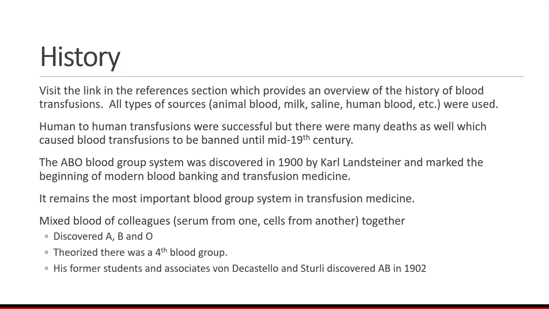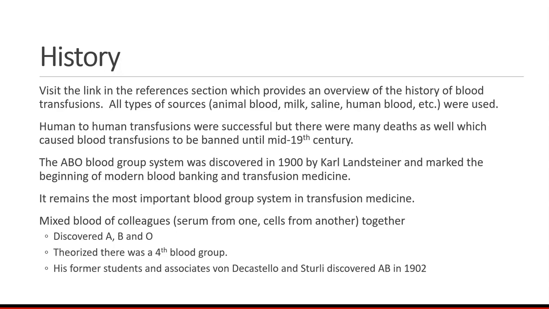The ABO blood group system was discovered in 1900 by Karl Landsteiner, and this was a game changer and marked the beginning of modern blood banking and transfusion medicine. It remains the most important blood group system in transfusion medicine to this day. Well, how did he do this?